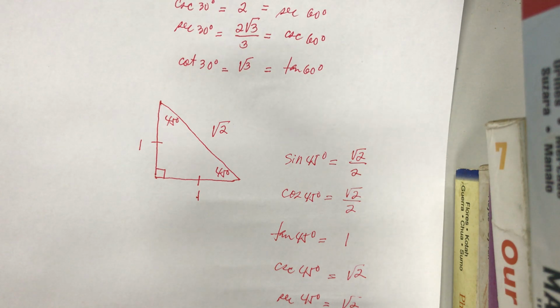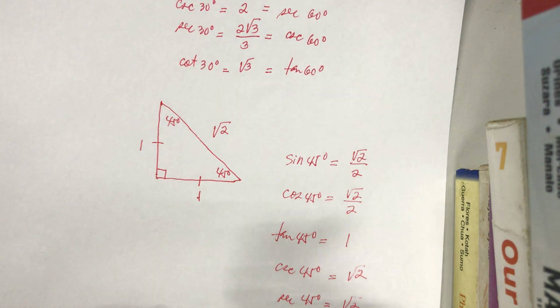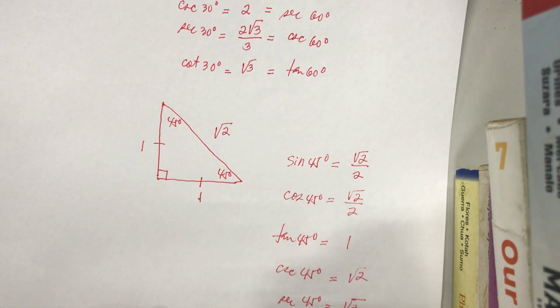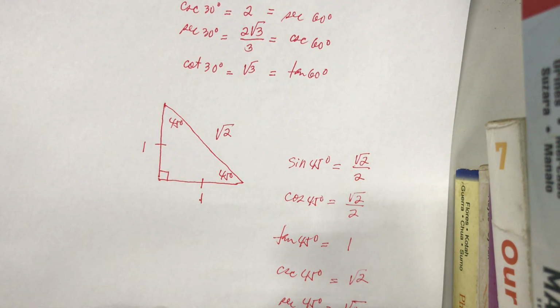Secant is also the reciprocal of cosine. Since sine 45 and cosine 45 are both equal to square root of 2 over 2, it follows that their reciprocals, cosecant and secant, are also equal: square root of 2 again. Then, cotangent of 45 degrees is equal to 1, which is the reciprocal of tangent.